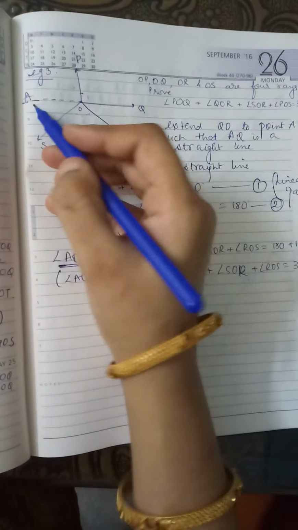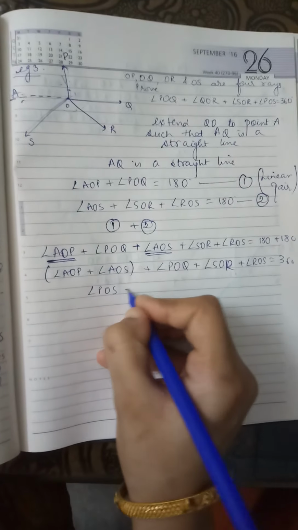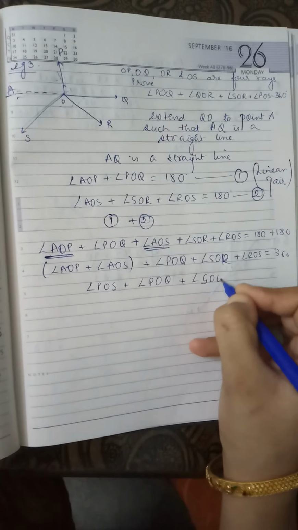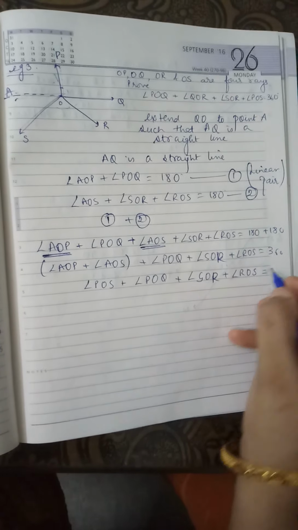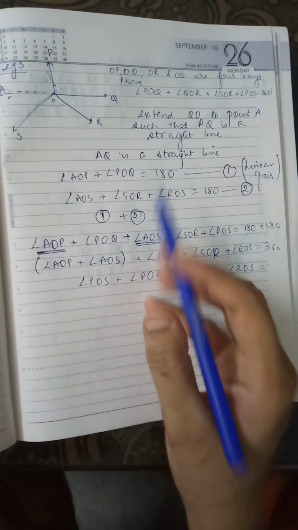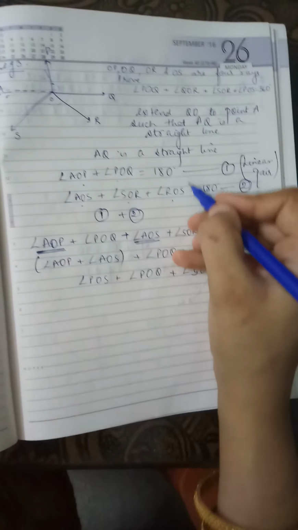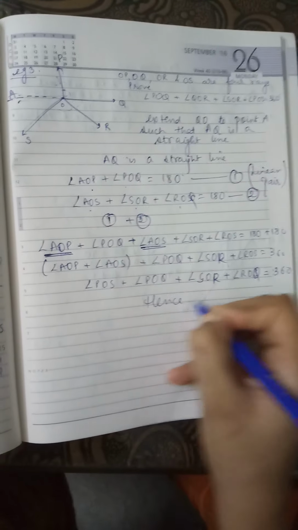So AOP and AOS club up to angle POS. POS plus POQ plus SOR plus ROQ is 360 degrees, hence proved.